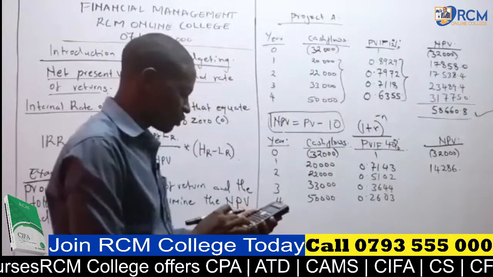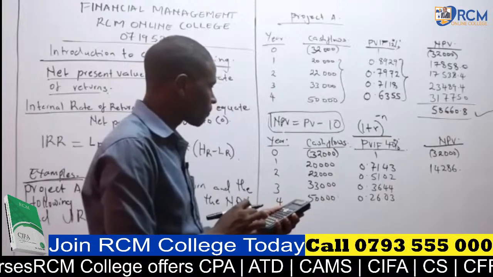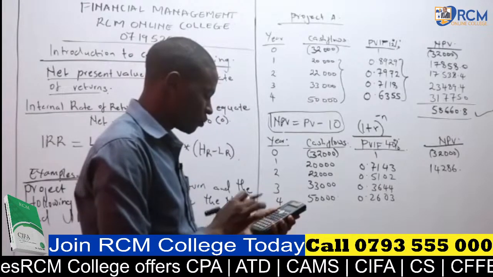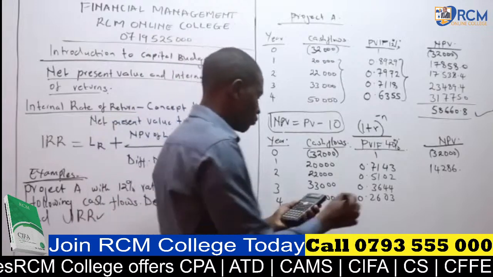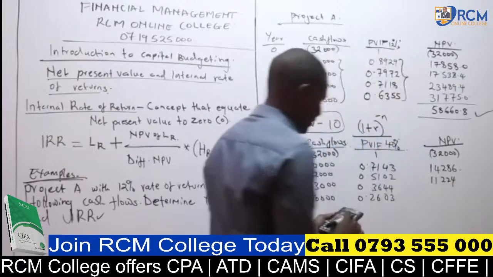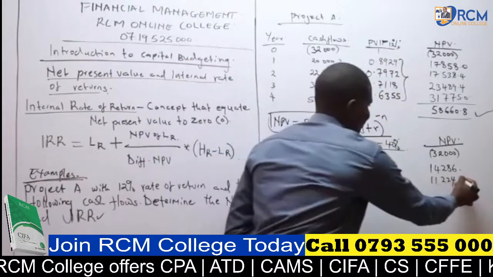14,286. Then 22,000 times 0.5102 is 11,224.4 of course.